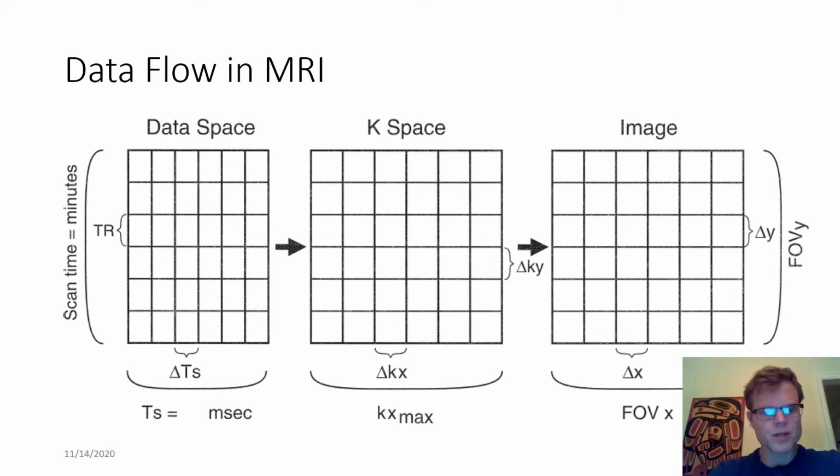So let's start off with this picture showing really the data flow in our experiment. We start off with what we often refer to as the data space, but the key thing to note here is that the dimensions of this are the dimensions of our experiment, time, for example.